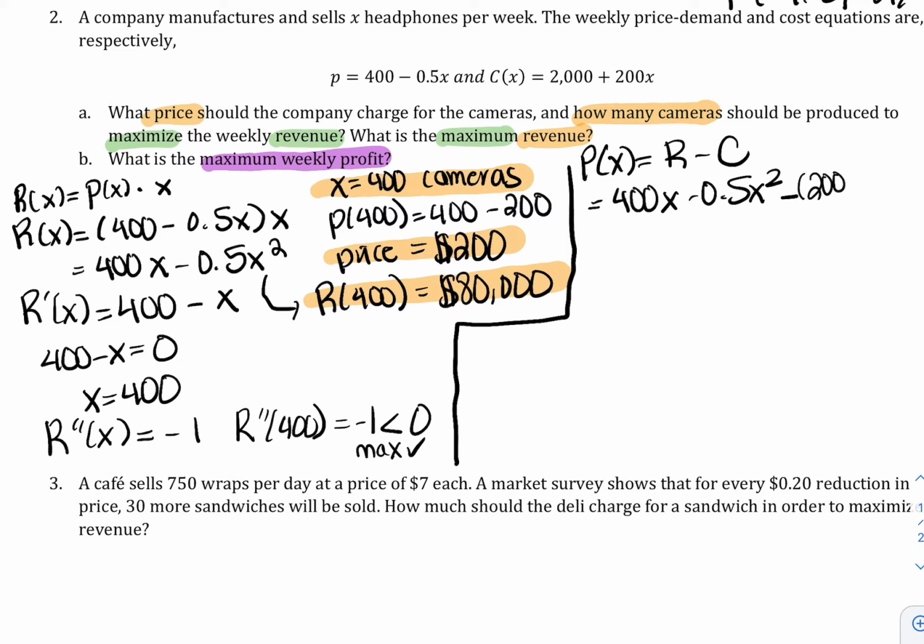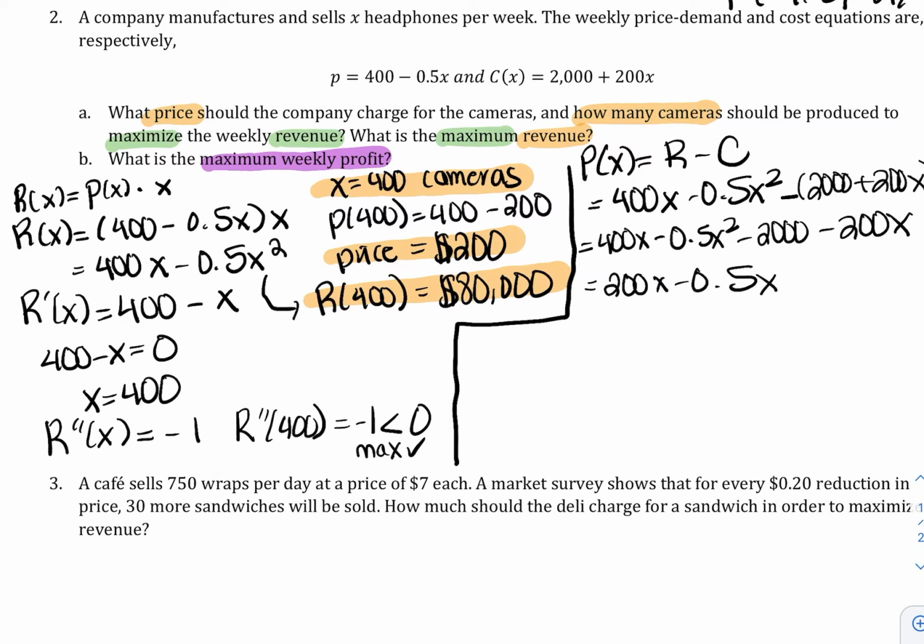And remember, we talked about this a lot when we were doing marginal analysis. Put that in parentheses. So that's 400x minus 0.5x squared minus 2000 minus 200x. I can combine like terms. The first and the last are like terms, so it gives me a positive 200x minus 0.5x squared minus 2000.